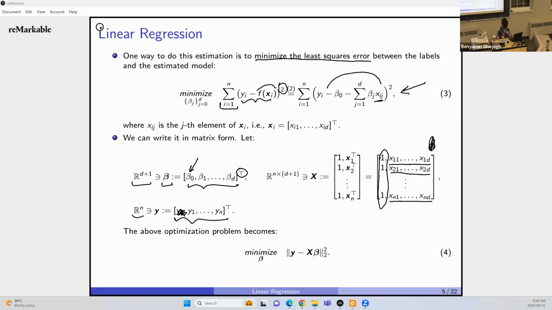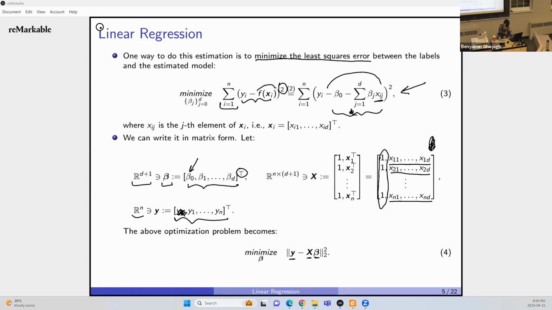Let's consider that. So y minus, what is xb? X beta. This is x beta. If you consider it element-wise, it becomes this summation. It has beta 0 in it because beta has beta 0 in it, right?